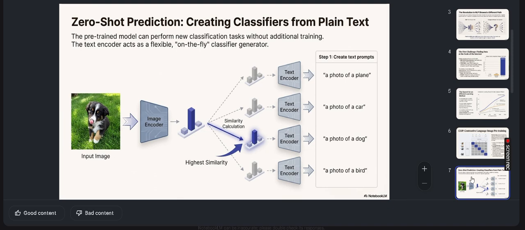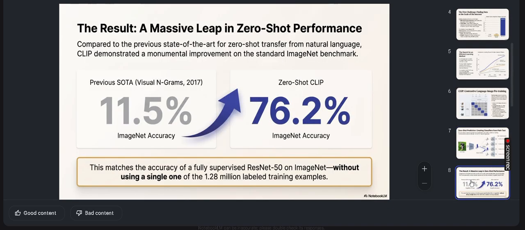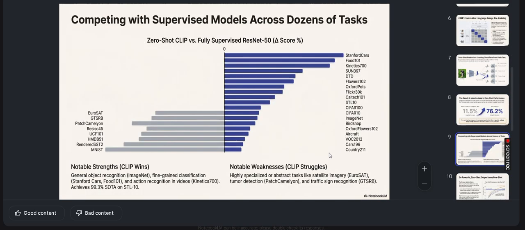And then zero-shot CLIP has 76% accuracy. You can see all this comparison from the paper visualized. CLIP wins in these areas. CLIP was the winner, and for highly specialized abstract tasks, CLIP struggles.